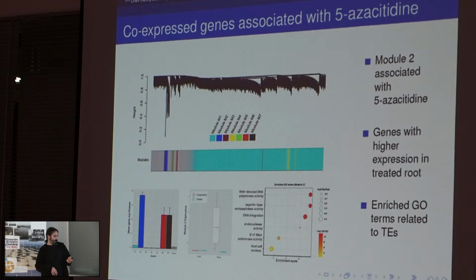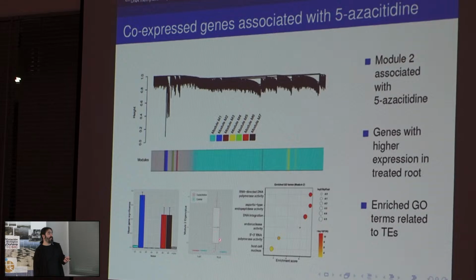So for the co-expression network, I just wanted to show you that we managed to pull these 7 modules of co-expressed genes. There's a huge module that is associated with tissue differences. However, the second module, this blue one here, had a really strong association with azacitidine treatment.